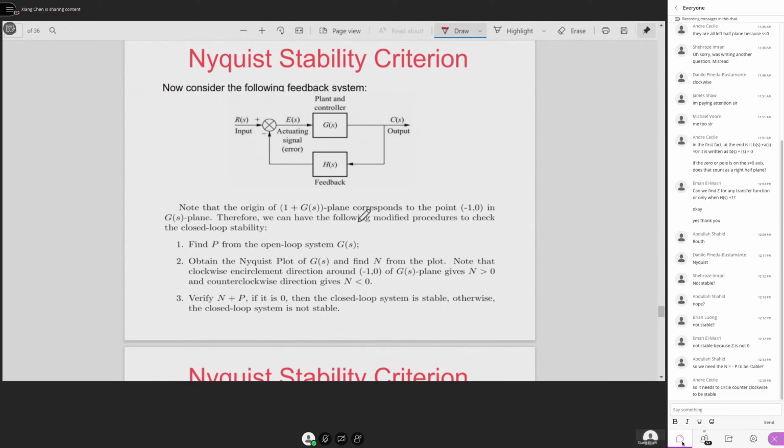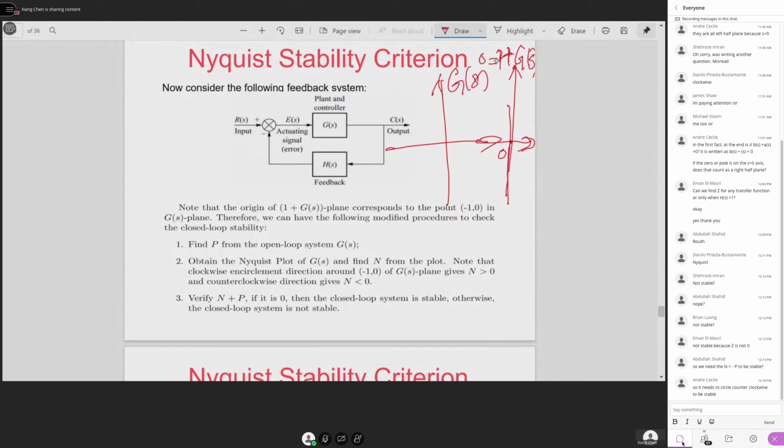That's a simple fact. You have the G of S plane, and then you have the 1 plus G of S plane. These are two planes, right? Now you have the origin on the 1 plus G of S plane. This means that 1 plus G of S is equal to 0.